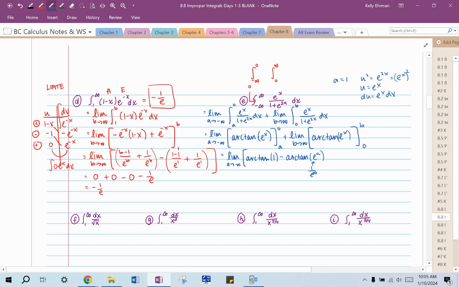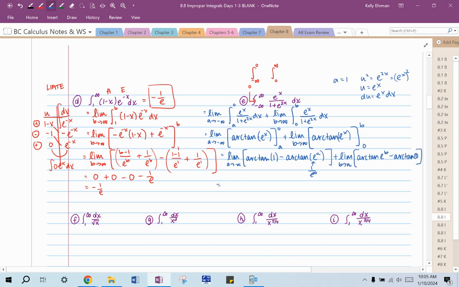Really, this is arctangent of, we haven't done the limit yet, but this will be arctangent of 0. Plus the limit as b approaches infinity of arctangent of e to the b. Now b is positive infinity, so that's not going to be an issue. That'll be arctangent of infinity minus arctangent of e to the 0.